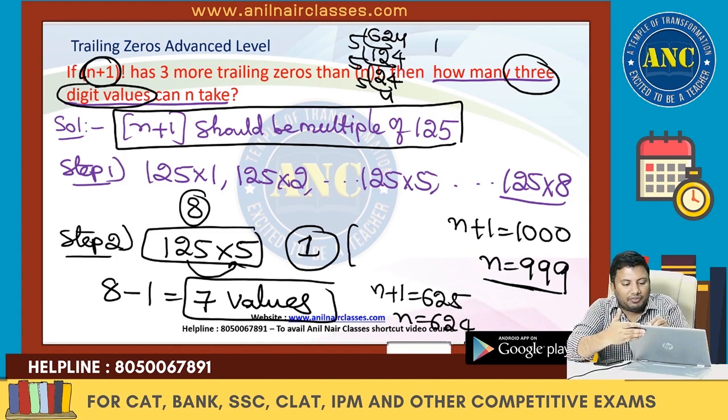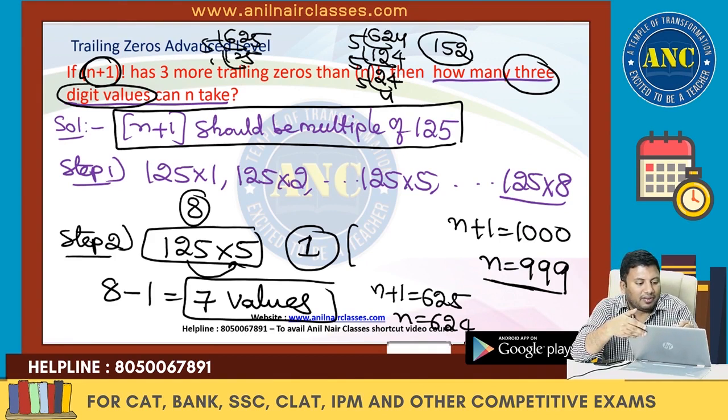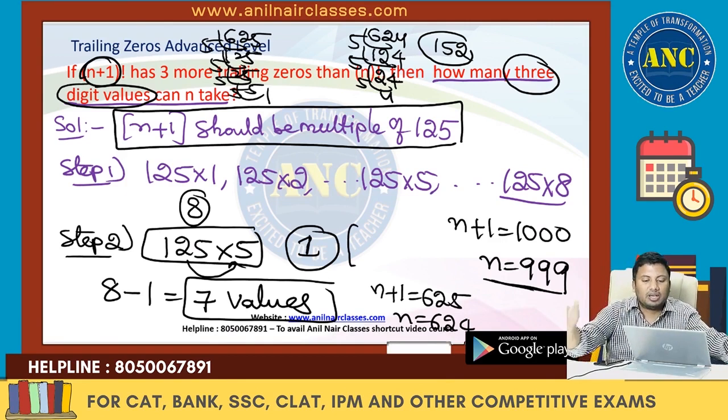I will get 152 here. Am I right? For n plus 1, 624 plus 1, 625: 5 125s are, 5 25s are, 5 5s are, 5 1s are. How much am I getting? 125, 150, 156. 4 zeros I am getting at the end. I hope the idea is clear. Kindly reply in the live chat if this concept is clear to you.